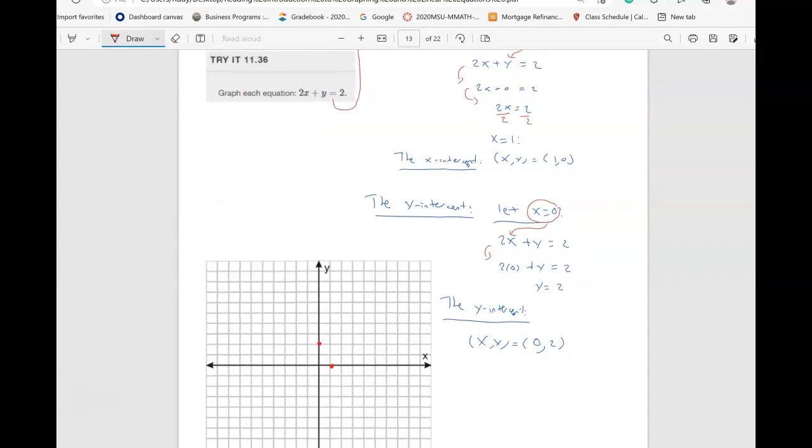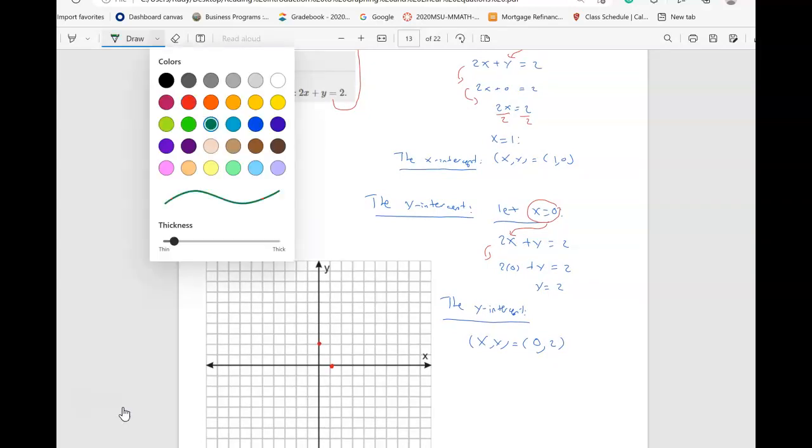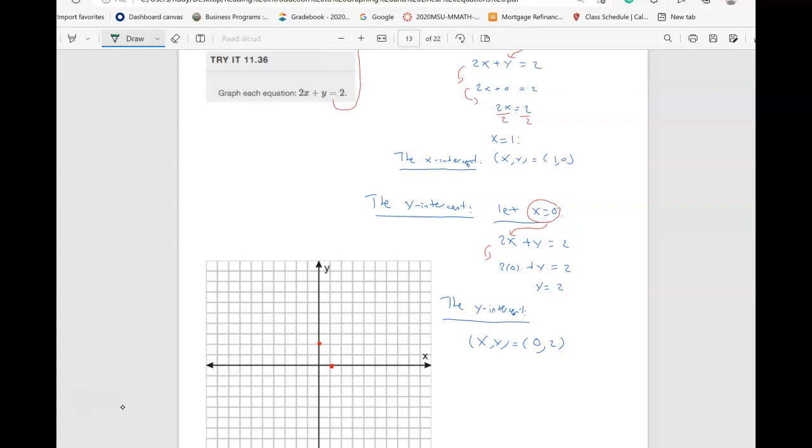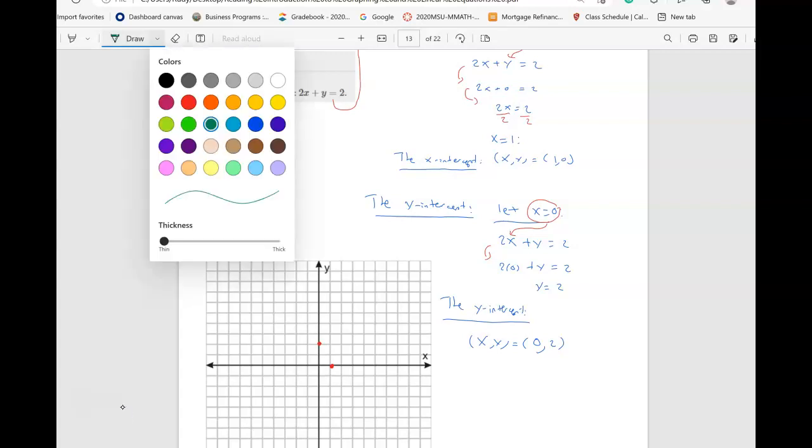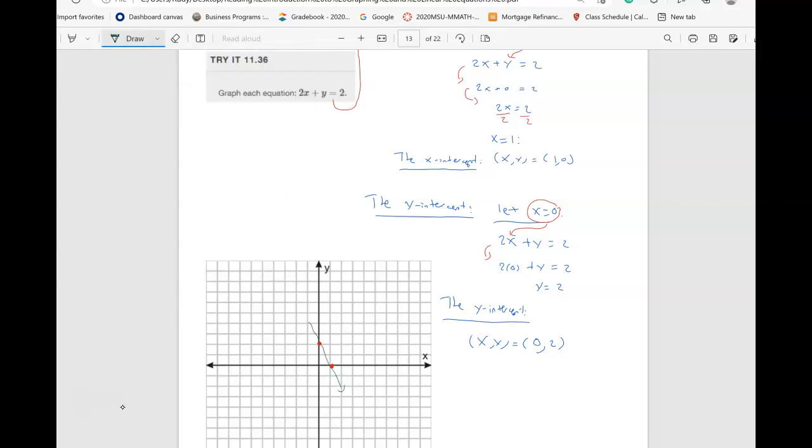In this situation, I'm using these coordinate points since it'll be easier for us to graph. And let me just connect those two dots. And that is actually our line.